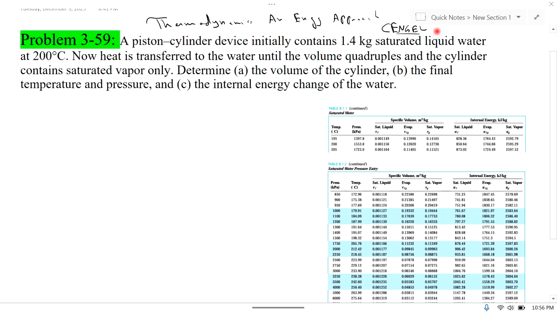So, the statement of the problem is: a piston-cylinder device initially contained 1.4 kilogram saturated liquid water.